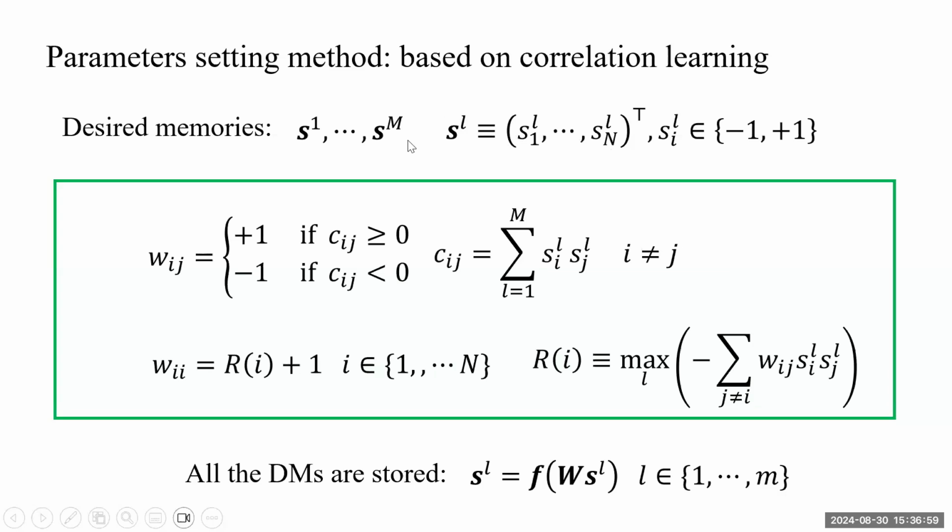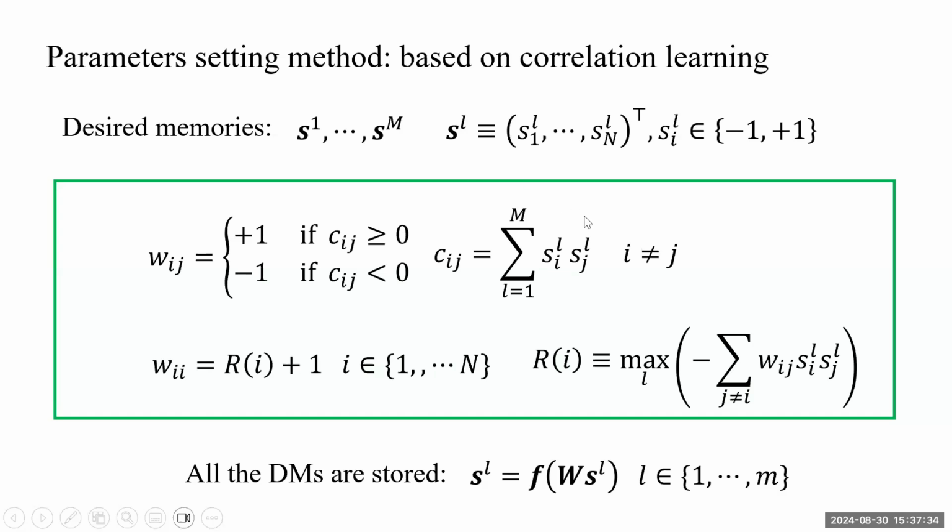Again, M binary vectors are desired memories, and we apply Hebbian learning to obtain Cij, and binarizing them, we obtain cross-connection parameters. And based on the storage condition, we determine self-feedback parameters. If we set these parameters, all the desired memories are stored.